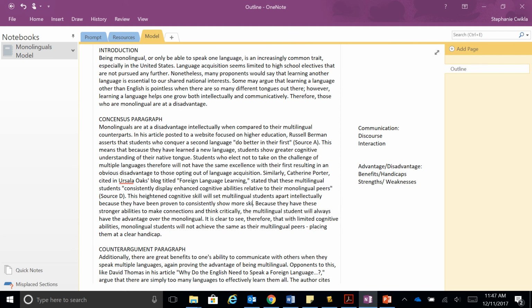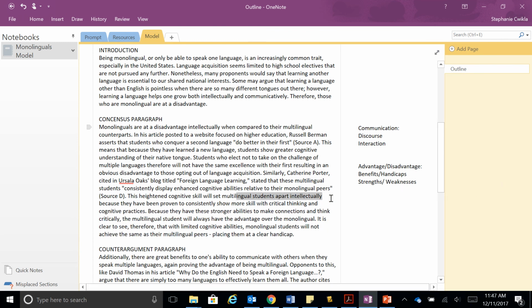Show more skill with critical thinking and cognitive practices. Okay, so there again, I'm just explaining a little bit further because this was kind of simple. Because they have these stronger abilities to make connections and think critically, that's repetitive now.